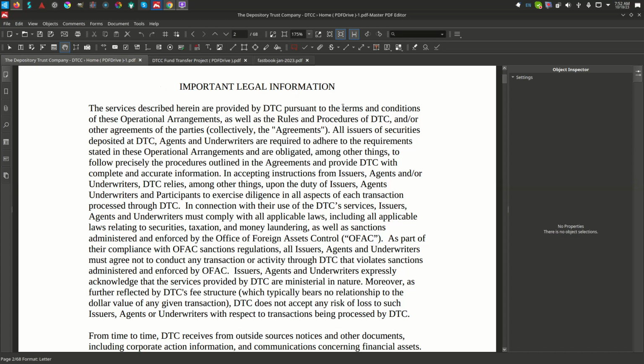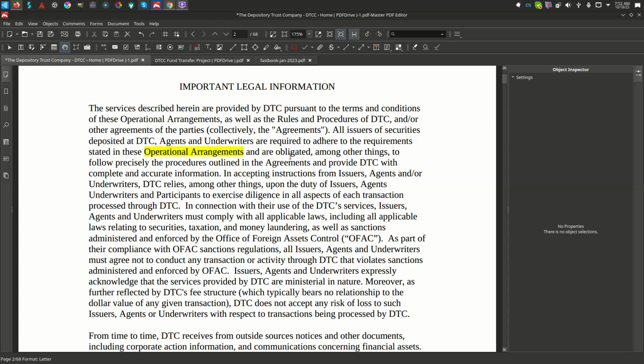Important legal information: services described herein are provided by DTC pursuant to the terms and conditions of these operational arrangements, as well as the rules and procedures of DTC and other agreements of the parties, collectively the agreements. All issuers of securities deposited at the DTC, agents and underwriters are required to adhere to the requirements stated in these operational arrangements.